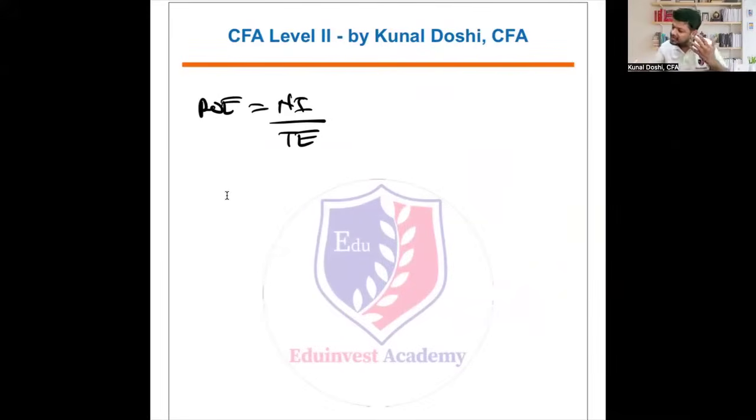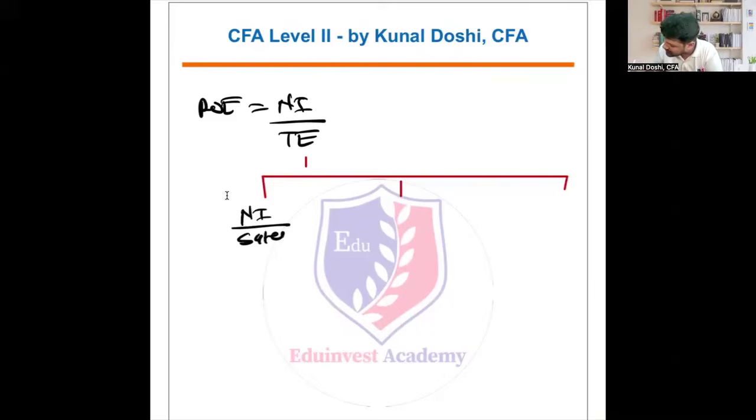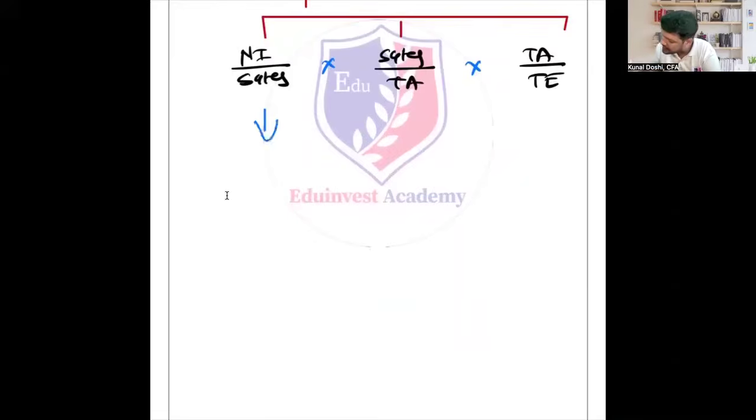Now, this ROE can be split into 3, 4, 5 parts. Again, similar to what you did in level 1, no brainer here, but still ROE can be divided into 3 parts. First part can be net income over sales, sales over total assets, and total assets over total equity. If you multiply all three, eventually you'll get net income over total equity only. Net income over sales, what is this called?